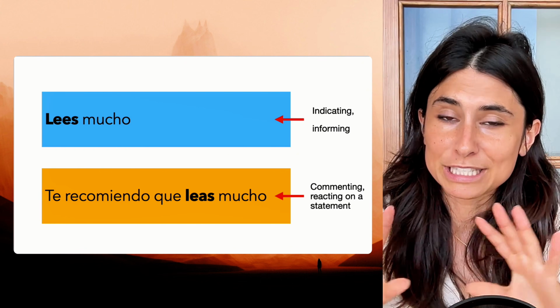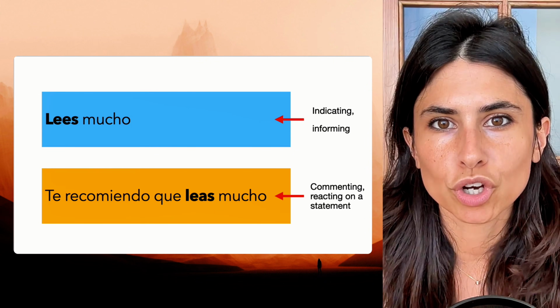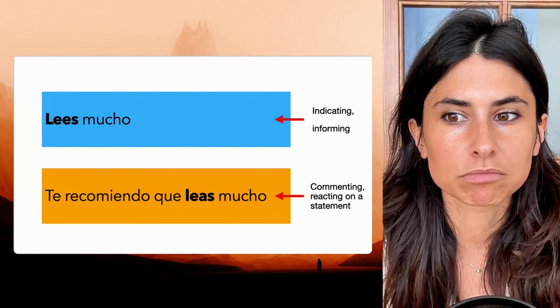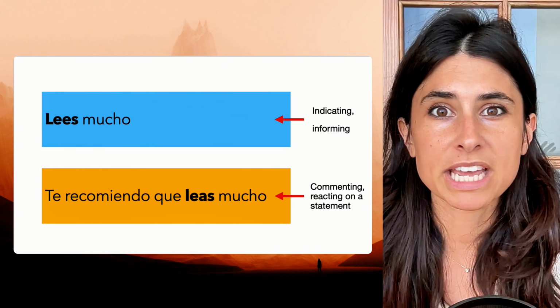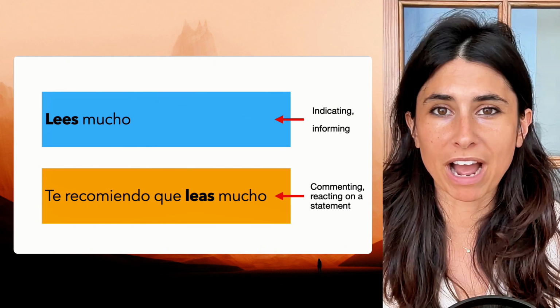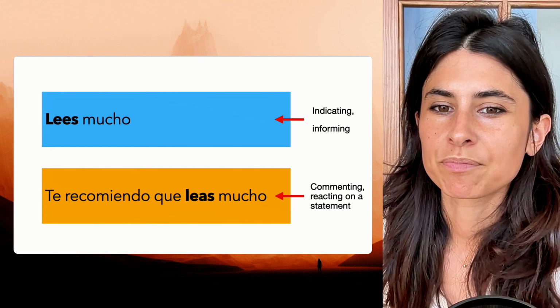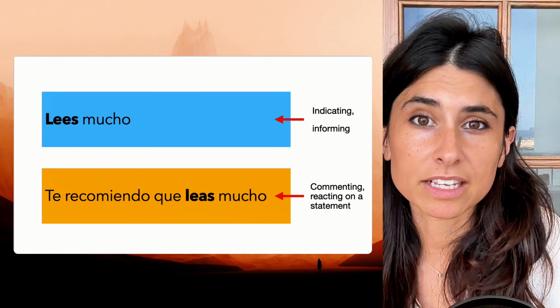But in Spanish, if they come halfway through and I say, te recomiendo que leas mucho, and then they hear que leas mucho, they'll know 100% that I'm not saying that this person reads a lot. I'm saying something else. I'm saying another fact, but not that this person reads. Okay? I'm not saying you read. I'm saying que leas.